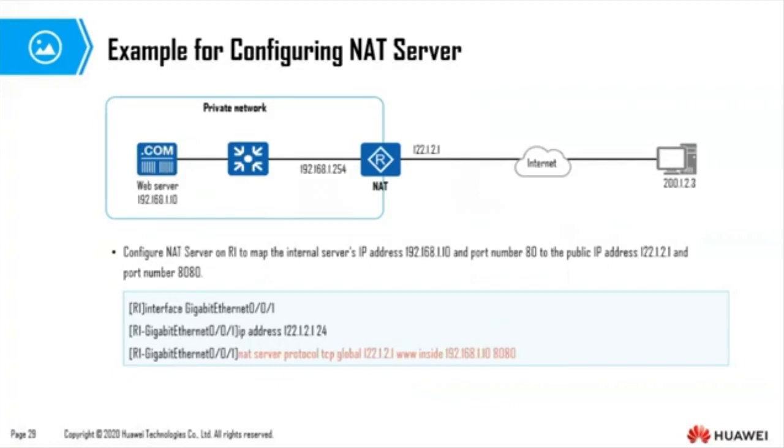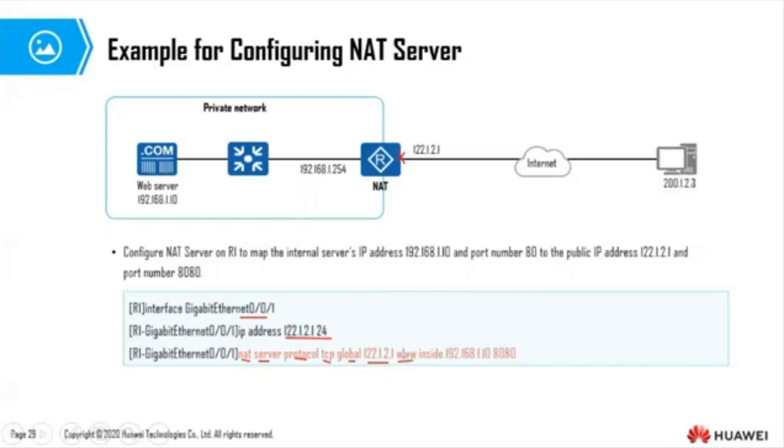Okay, so how do we configure NAT server? You go into an interface, you give it an IP address. So we've just given this interface here an IP address. Then the command is nat server protocol. So the protocol that we are using is TCP, global, then the public IP address, then the service.